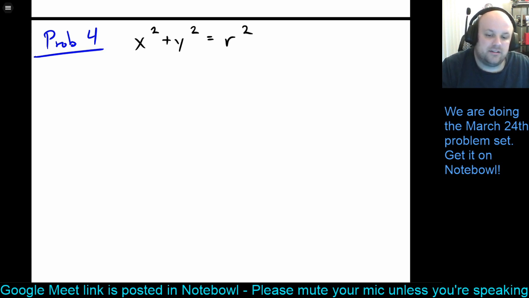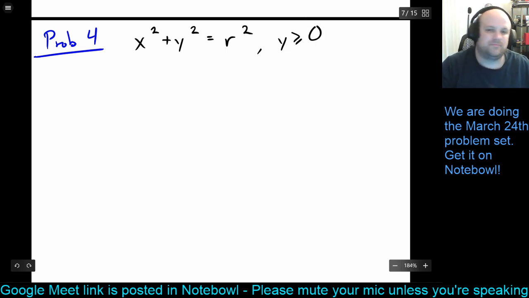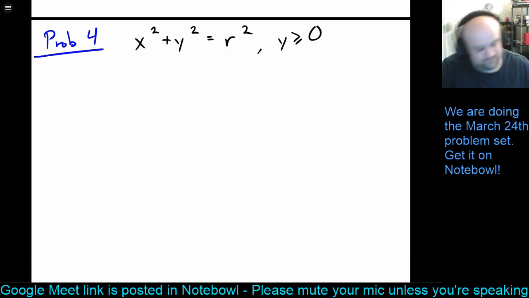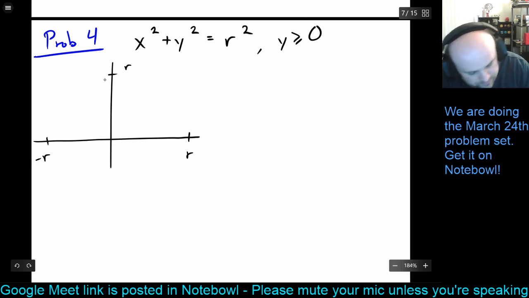And since we want a semicircle, we only want half of it. A good idea would be to just say, let's make y greater than or equal to 0. Just pick the nicest one. So that puts us in this situation here. We have our semicircle.